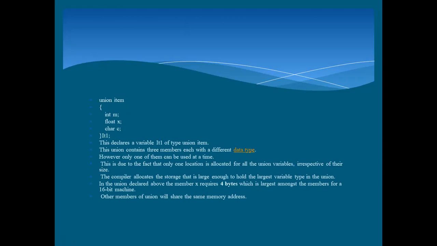Now this declares a variable. Here we are going to declare a variable it1 of type union item. So this union contains three members, each with a different data type: int m, float x, char c. Here, int m requires 2 bytes, float requires 4 bytes, and char requires 1 byte.